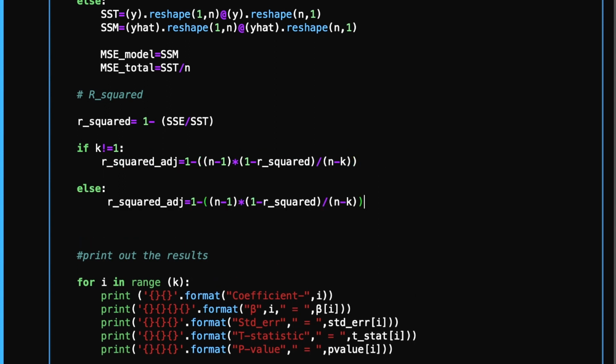And then if we have just one covariate, there is going to be no n minus 1, just n, and the rest of the formula is going to be the same.